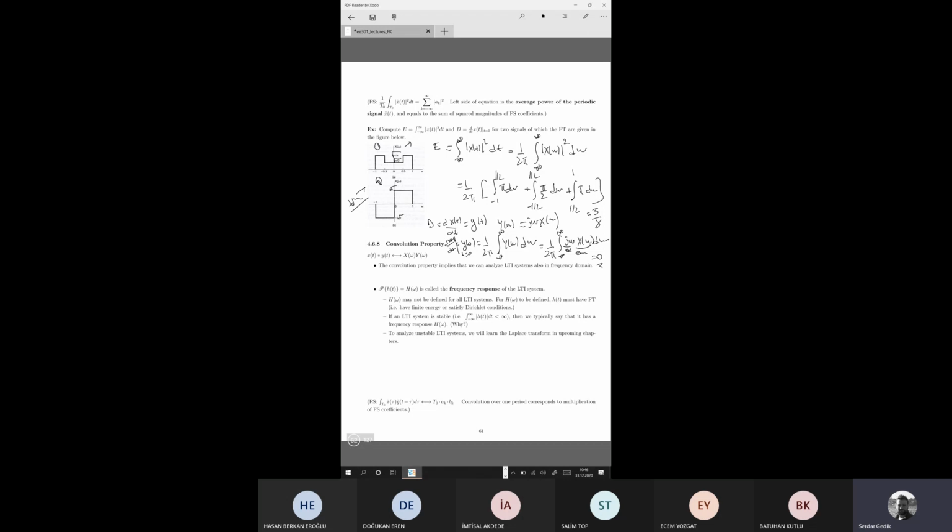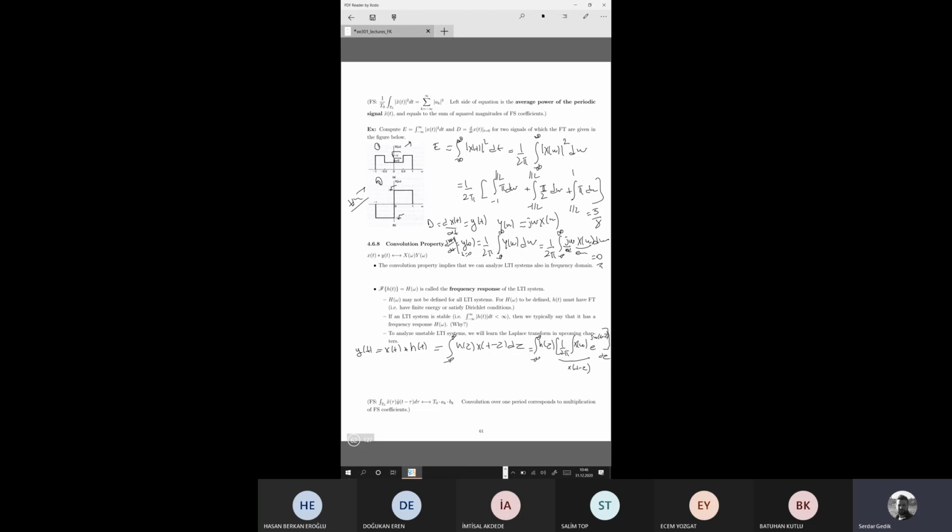Actually the proof is quite simple. Let's again start with y of t, which is x of t convolved with h of t. This is equal to the integral from minus infinity to plus infinity of h of tau x of t minus tau d tau, and this is the integral of h of tau times 1 over 2 pi integral x of omega e to the power j omega (t minus tau).